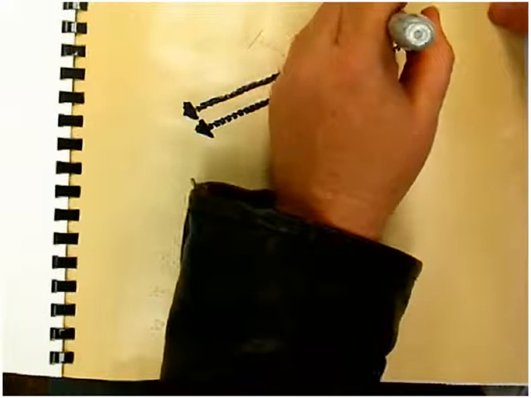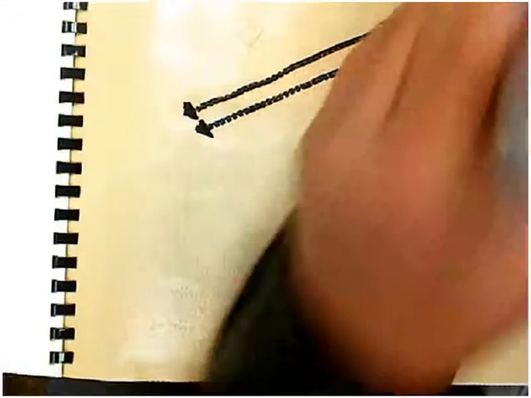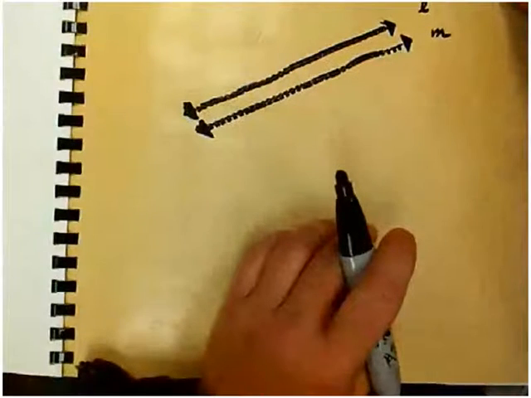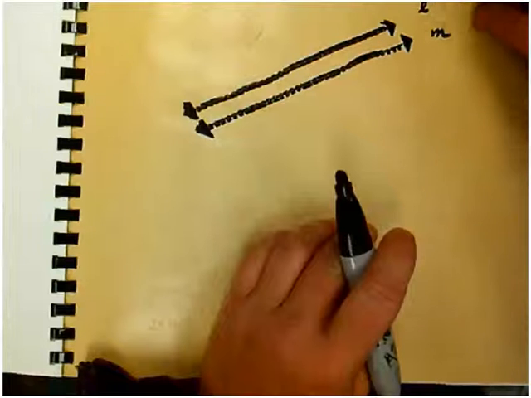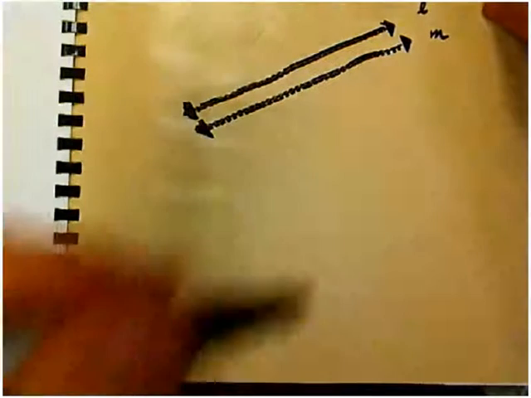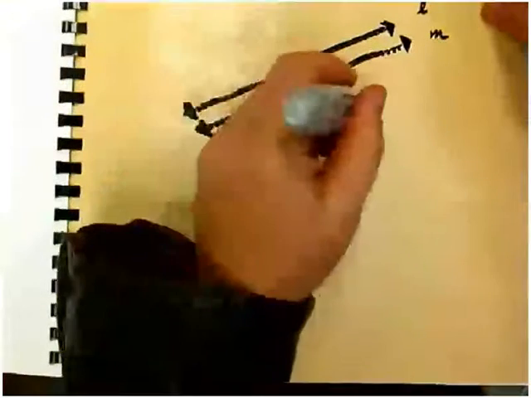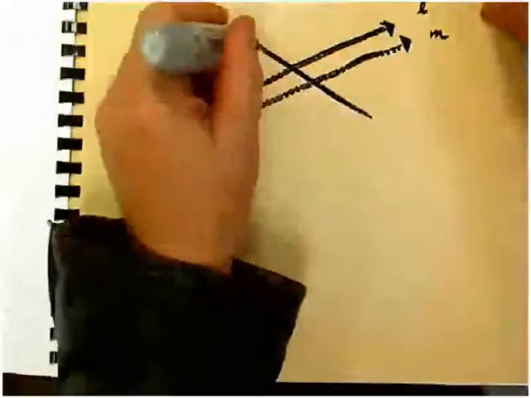Find it? Yep. Okay. And one of them is labeled L. One of them is labeled little m, italicized m, and that's off to the right, top right. And there's a transversal that runs from about 10 o'clock to 4 o'clock.